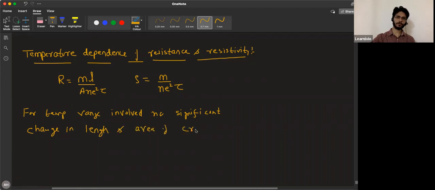So for the given temperature range, the length and area of cross section will not change. So if length and area will not change, will there be any difference between resistance and resistivity, or will it be the same term?